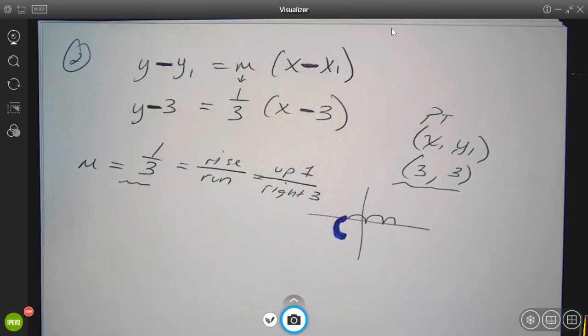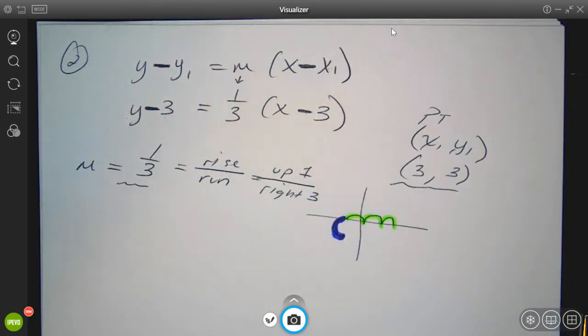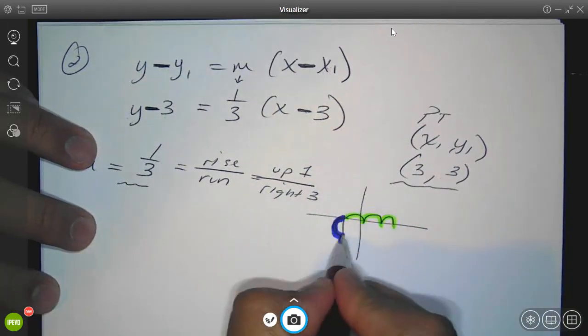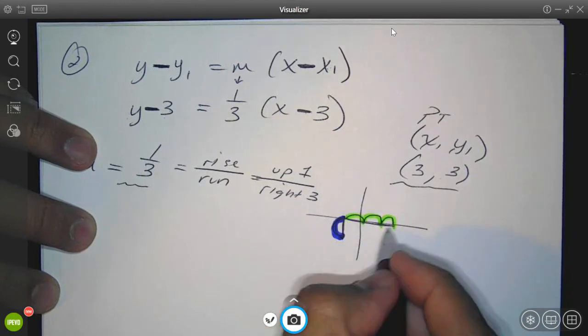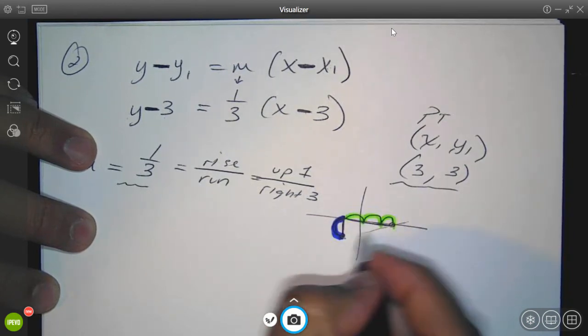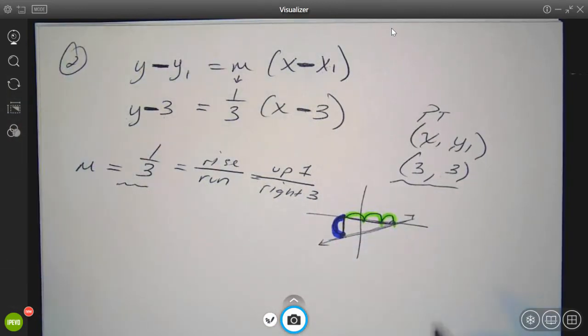My rise is 1 and I'm running 3. 1, 2, 3. And again, notice how we get our little triangle setup. Rise, run. All right, and you can see here we would have 2 points. But again, I'm just doing here the graphing the slope for you so you can get an idea for what I'm doing. So there it is.